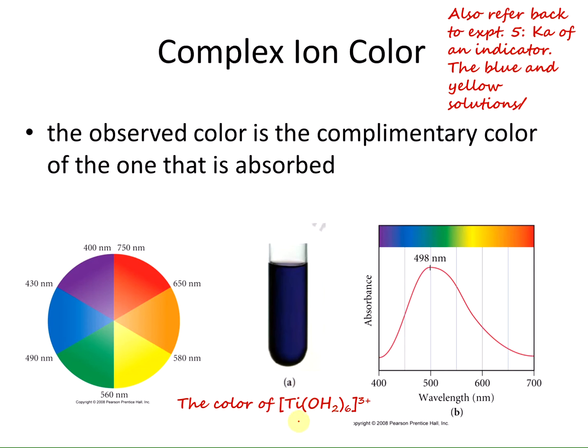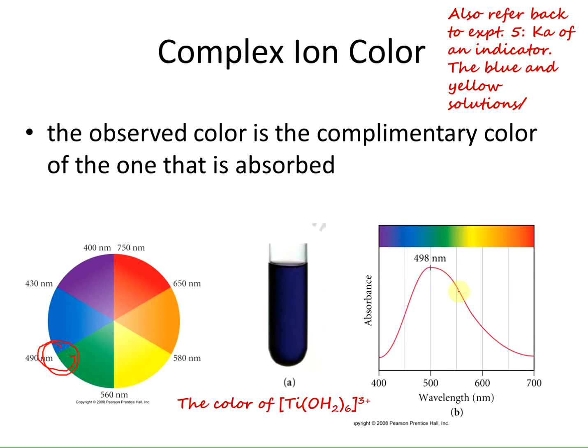And if we were to take the visible spectrum of this complex, we'll see that it absorbs strongly at 498 nanometers. And 498 nanometers is in this blue-green region of the spectrum. So it's absorbing strongly here, and it even extends out into the green and the yellow.